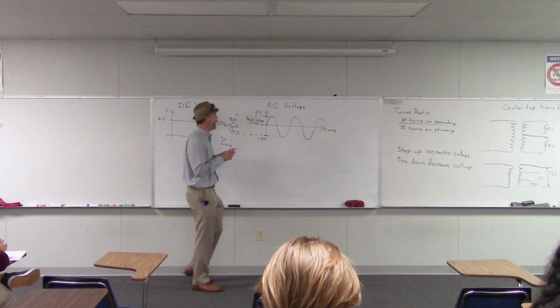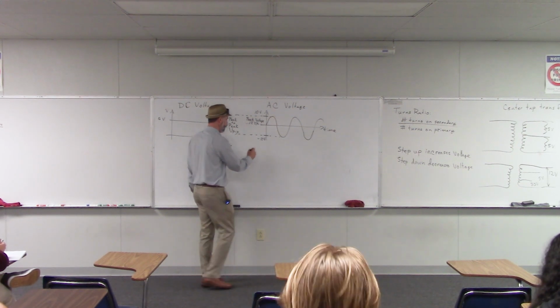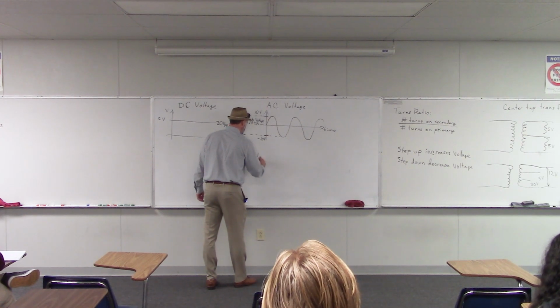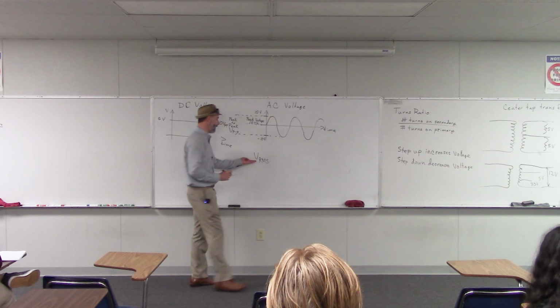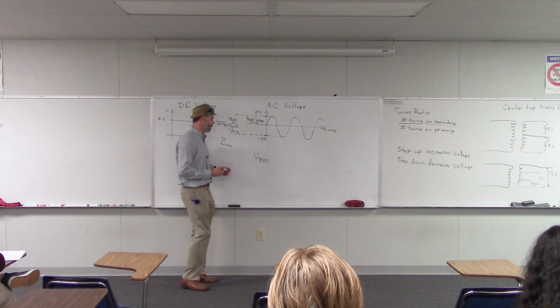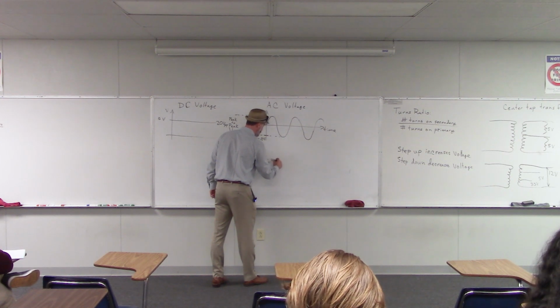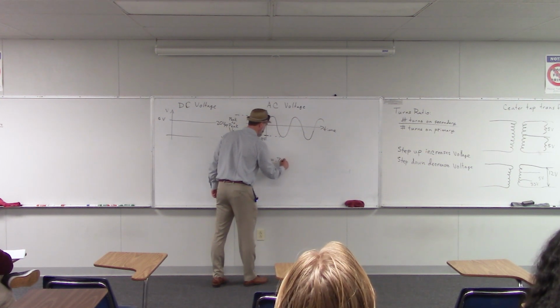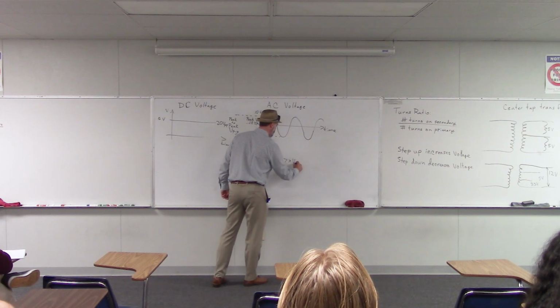So what they did is they came up with this other measurement, which is VRMS. It stands for root mean square. So for an AC signal, VRMS equals 0.707 times V peak.